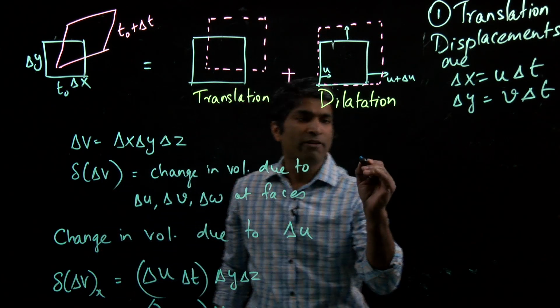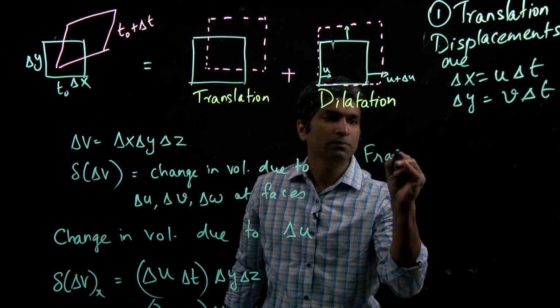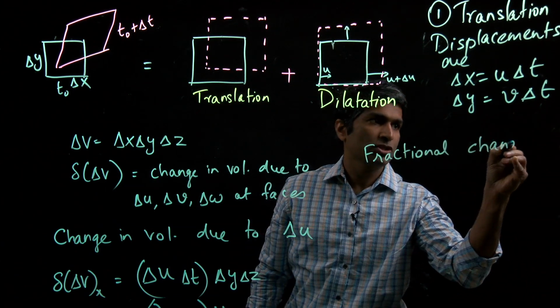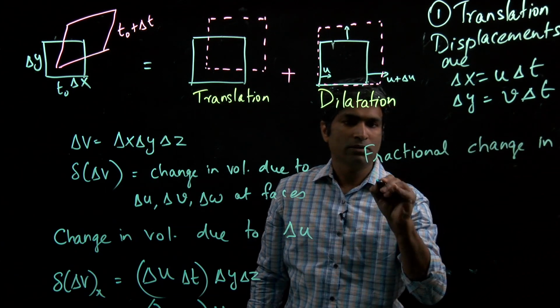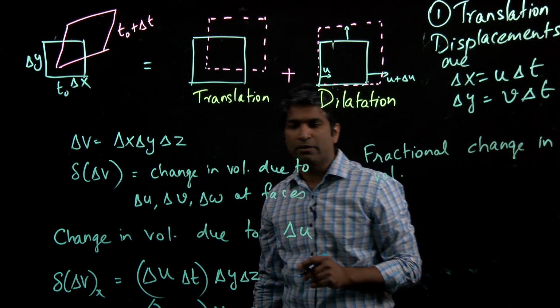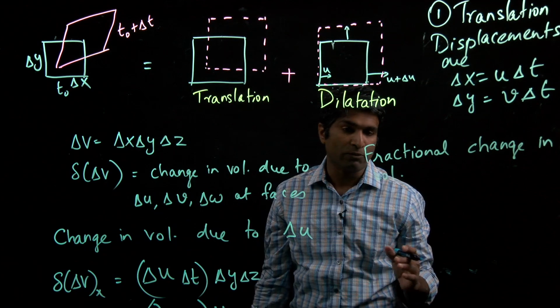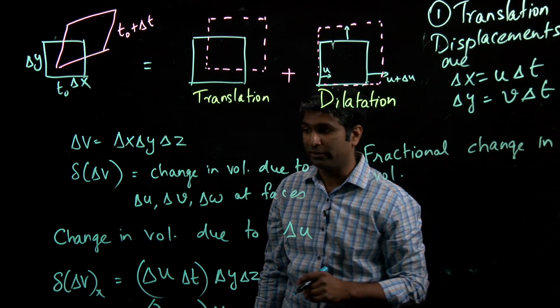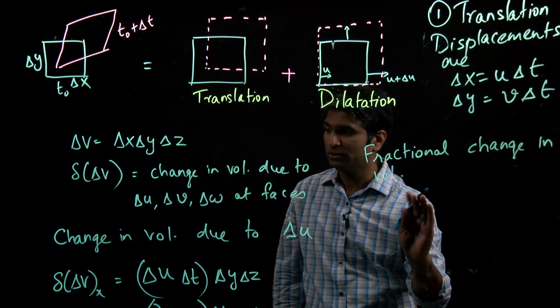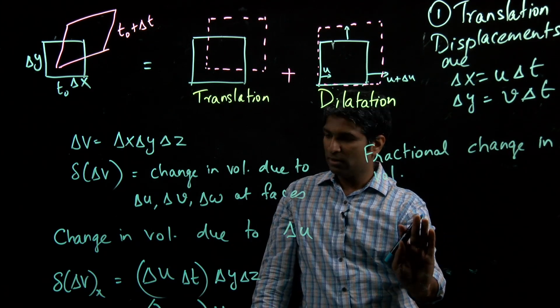And so my fractional change in volume, or the relative change, which is sort of like a strain rate, like what you would have in bulk when you looked at compressibility of a solid material, you look at the volume coefficient of expansion. This is sort of like that.